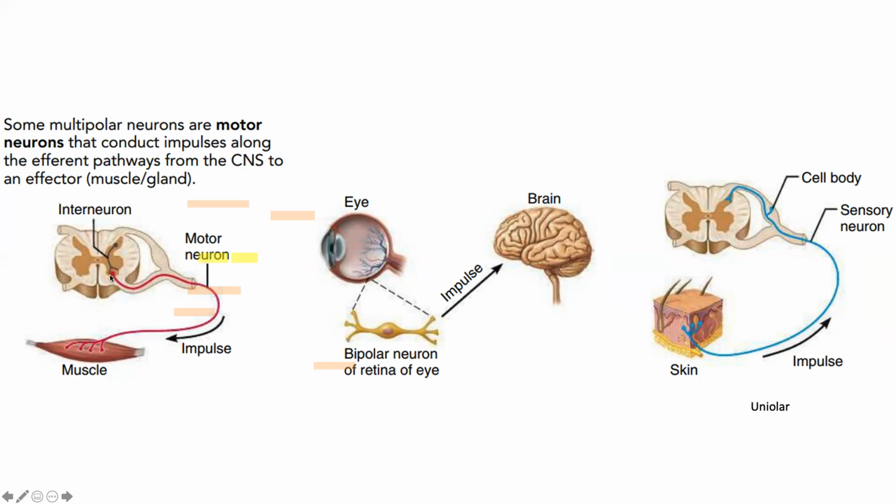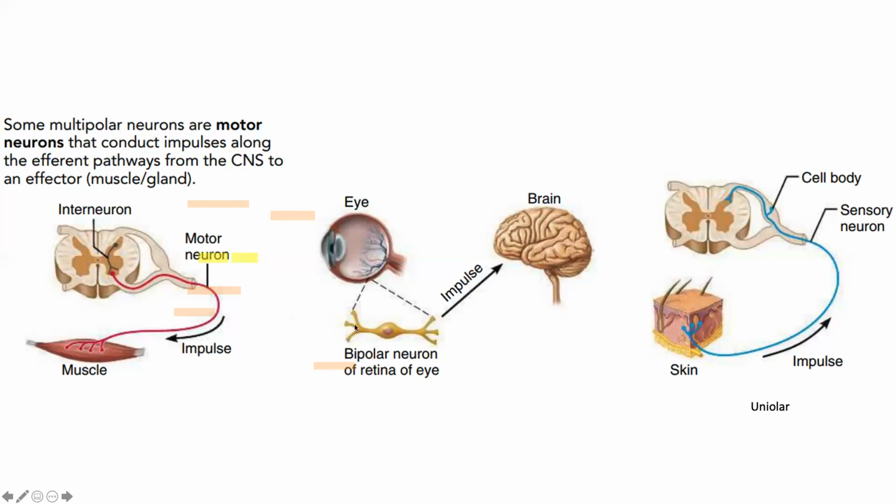It comes out from the anterior horn cell through the ventral root, comes along and goes in to supply the muscle. So this is the multipolar neuron, which is found in the motor neuron.